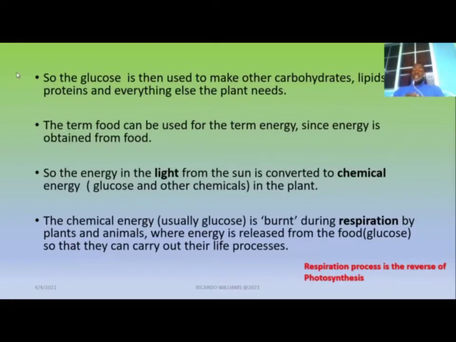We consume the food, and we need the respiration process to occur in the cells to burn the food to release the energy. Now please note that the reverse of respiration is actually photosynthesis. Photosynthesis takes light energy to make food, but respiration burns that food and releases energy back.